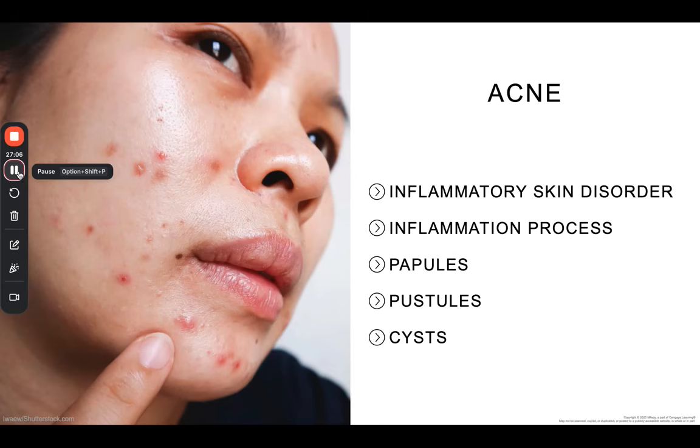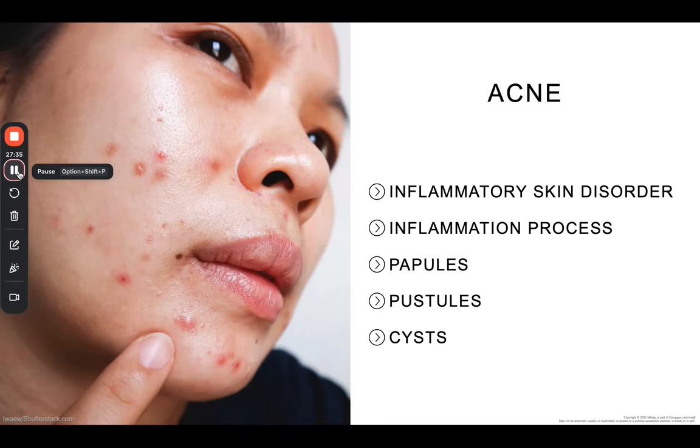As far as papules, pustules, and cysts, know that papules are going to be red and inflamed, and those papules are caused by that process. The papules may become more infected and pus may develop. If pus does develop, then that papule will turn into a pustule. Pustules are filled with fluid from the dead white blood cells that fought the infection.